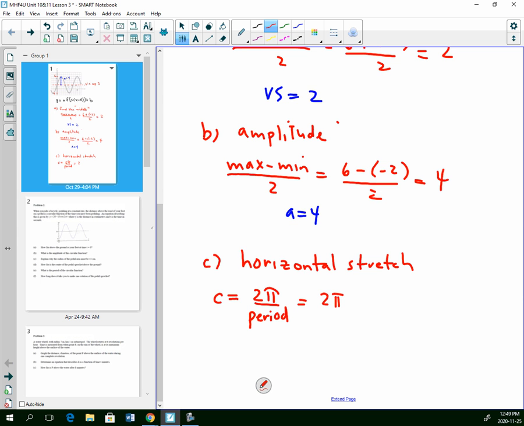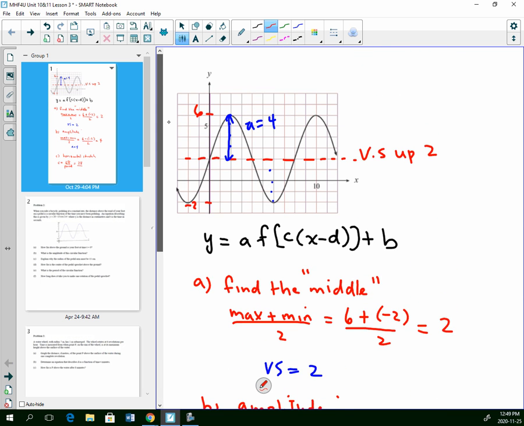This graph has a period. Let's see. I might go from here to here, that's the start and end of a cycle. I could go from top to top, or from bottom to bottom, whatever's easiest to read. So this has a period of 8 units, whatever those units might be.